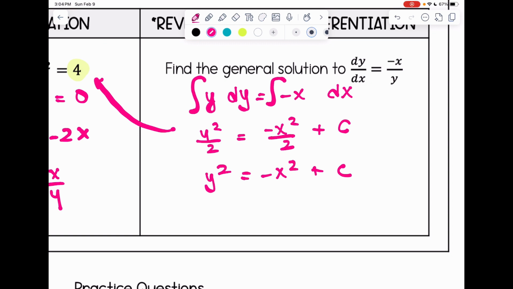So rather than writing 2c, I'm just going to keep it as c, because again, c and 2c, they're both constants. So I'm just going to write it in the simplified version of c. I'm going to now move the x squared to the other side. And you see that we get x squared plus y squared equals c. And this is what we call a general solution to that differential equation.